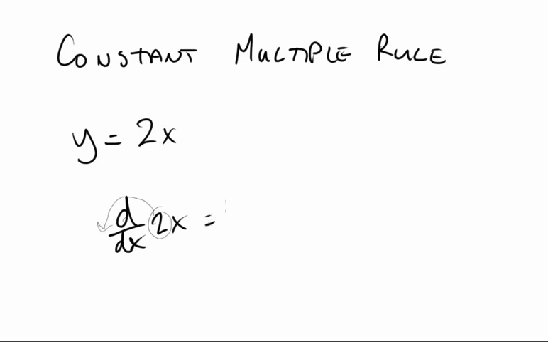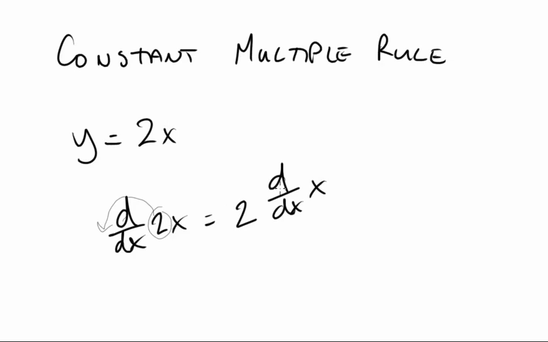So you can say this is equal to 2 times the derivative of the function x. It's just because it's multiplied into it, and it does use something called the product rule, which I'll show you in a bit. It's kind of like a simplified, special case form of the product rule, which we'll see in a little bit.